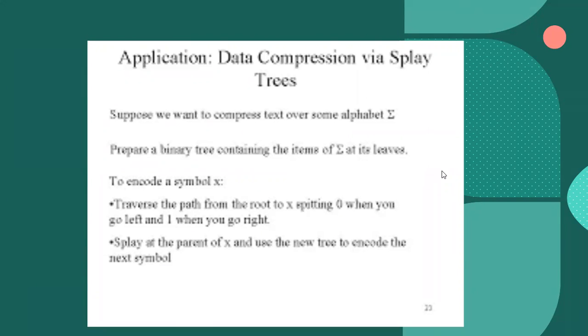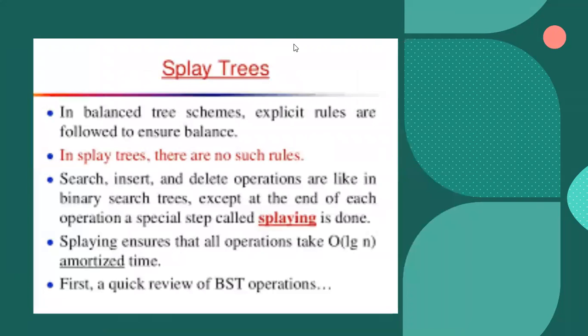These are the steps involved, and finally I want to tell about splay trees. In the balanced tree scheme, certain rules are followed to ensure balance. In splay trees there are no such rules. Insert and delete operations are like in binary search trees, except that at the end of each operation, a special step called splaying is done.